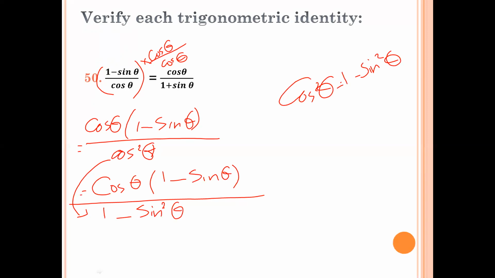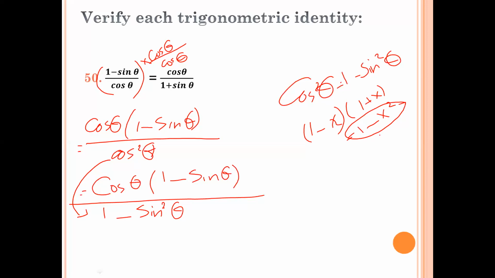Now, a few minutes ago, I told you that 1 minus x times 1 plus x is 1 minus x squared. So here I have 1 minus x, and here I have 1 minus x squared.